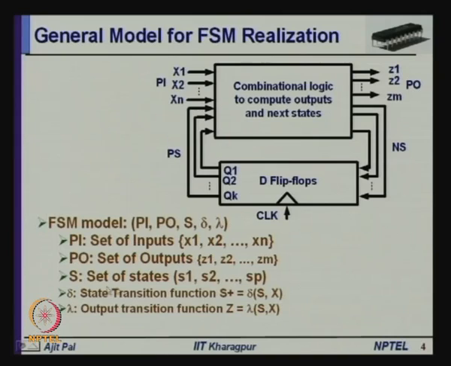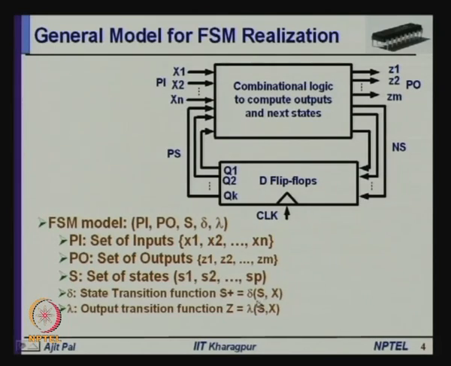And delta, the state transition function, S plus is represented by delta(S, x). That means the next state is dependent on the present input x1 to xn, this input combination, and the past history which is represented by the state of the machine.